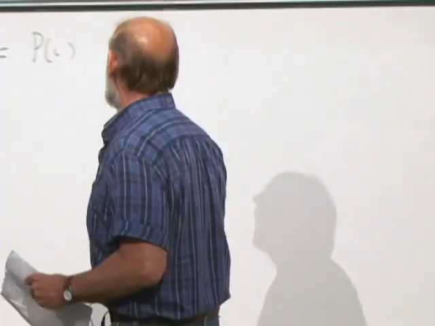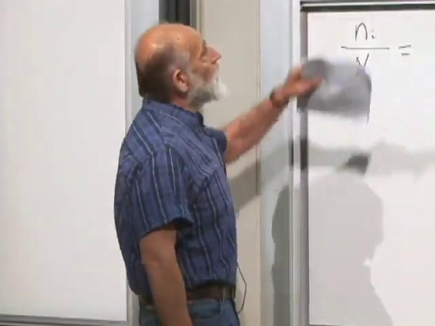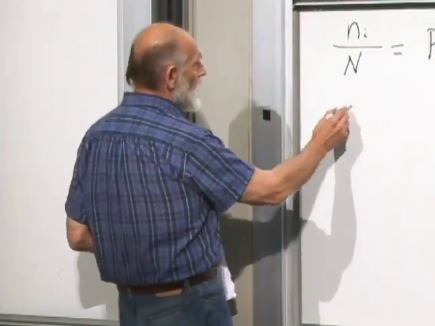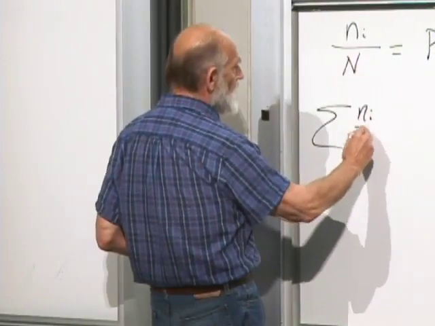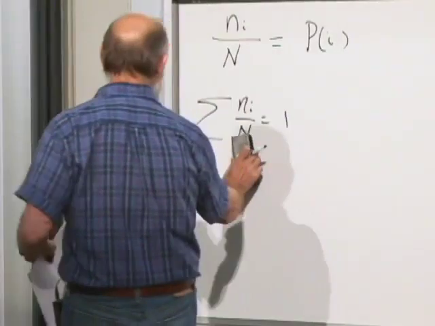The two constraints that are up there are, first of all, the sum of n sub I equals capital N. And what does it become? It becomes the sum of n sub I over n is equal to 1, or simply the familiar statement that the sum of the probabilities adds up to 1.